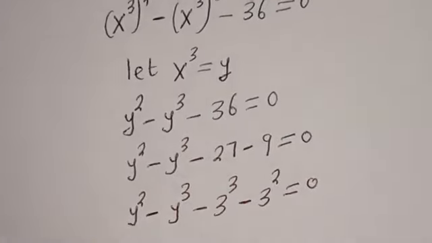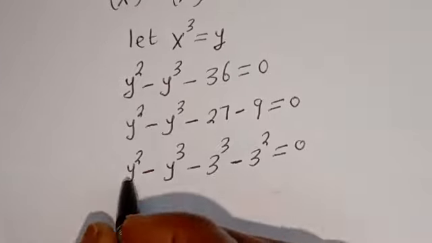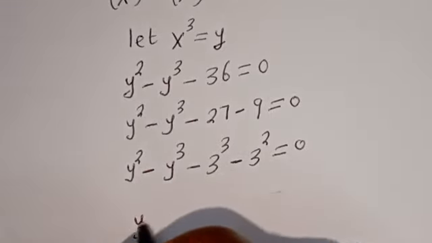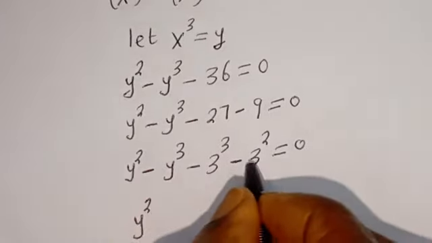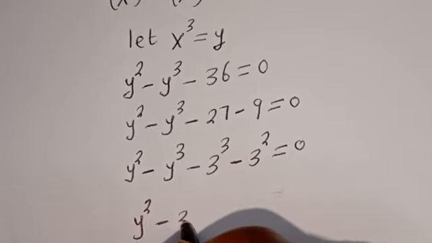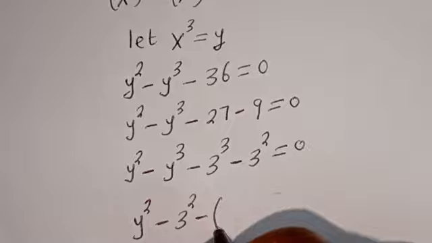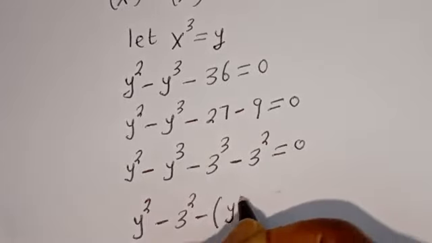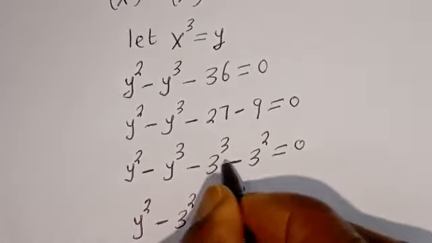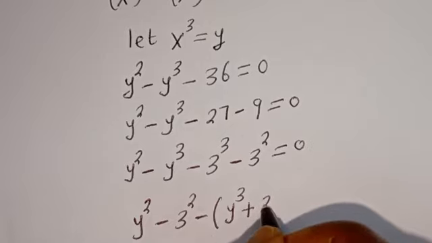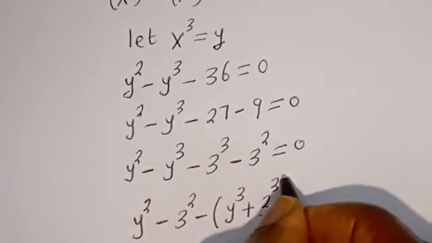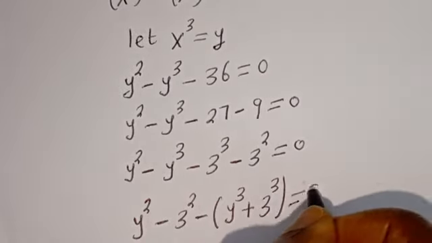Now let's compare. We have y squared, then minus 3 squared, then minus the bracket y to the power of 3, which can be written as plus 3 to the power of 3, is equal to 0.